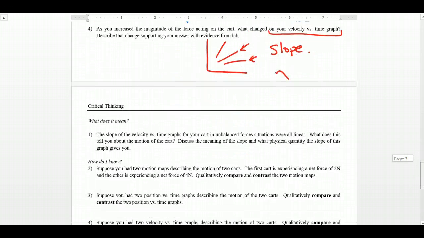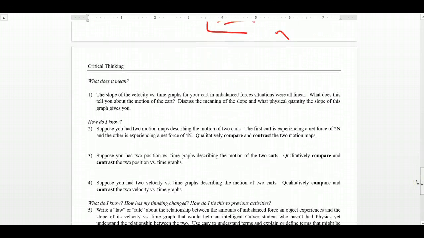If we continue down, critical thinking, you'll notice that you should be able to analyze the slopes of your position or your velocity versus time graphs using sentences. You should have done that as part of your analysis. The meaning of the slope tells us, as time goes by equal amounts, the speed of cart 1 goes up by this many meters per second.